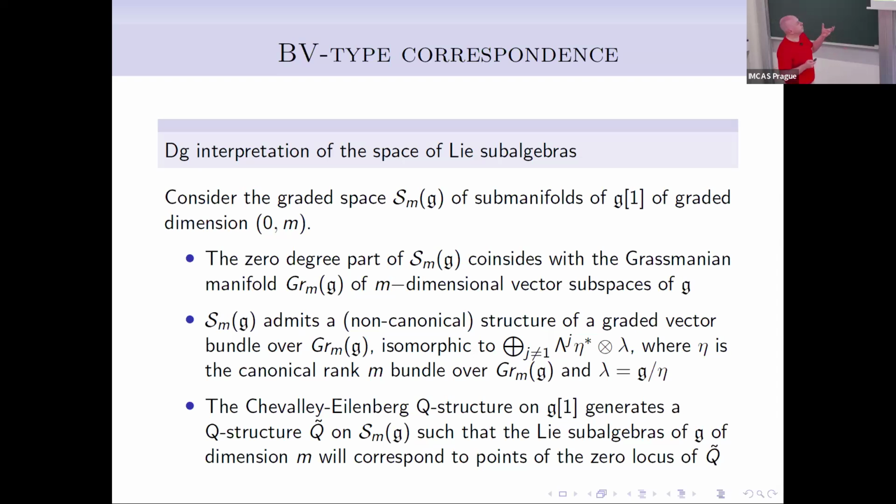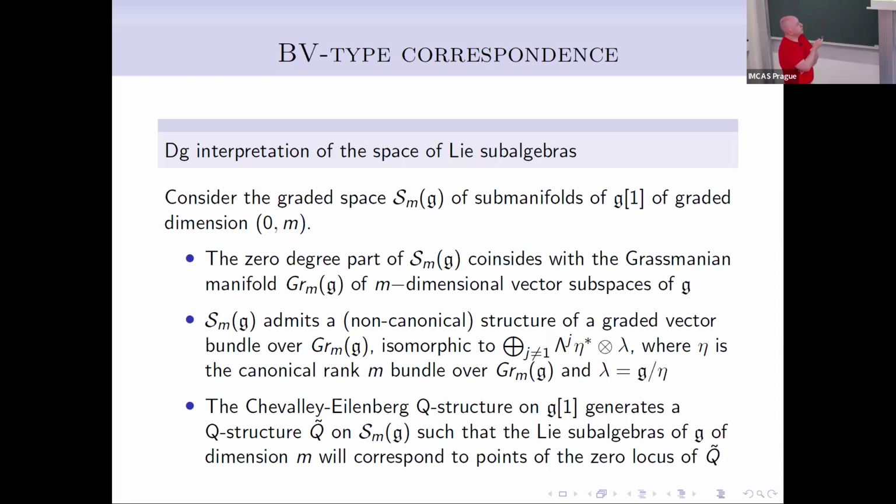And the supermanifold is, as we know in the smooth category by the Batchelor theorem, always a vector bundle over the degree 0 part. This vector bundle is isomorphic to the sum for j not equal to 0 of Λ^j η* ⊗ λ, where η is the canonical rank m bundle over the Grassmannian, and λ is the corresponding quotient.